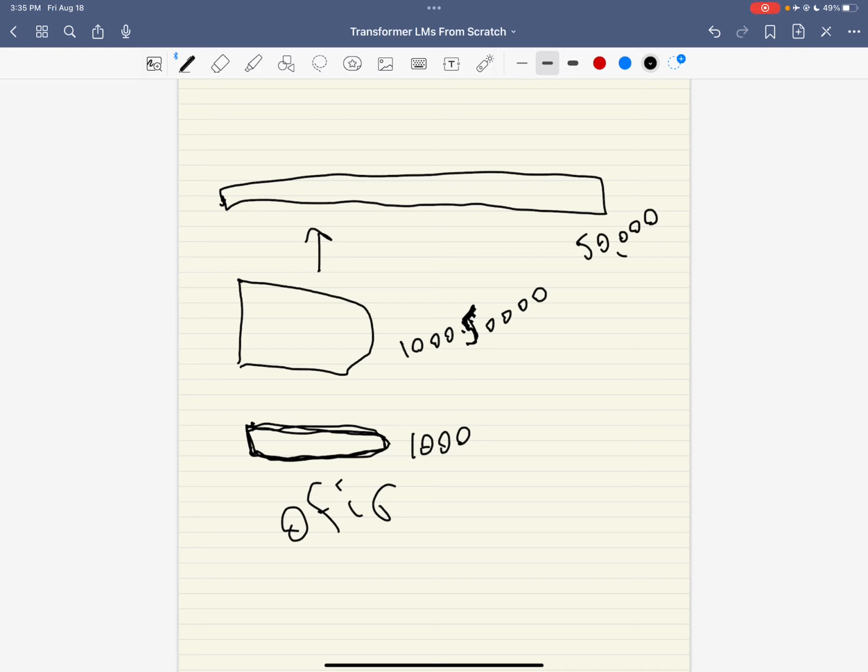But this vector is going to be a vector of floats. But I promised you that I would return a distribution. And so what we're going to do here is just softmax it.